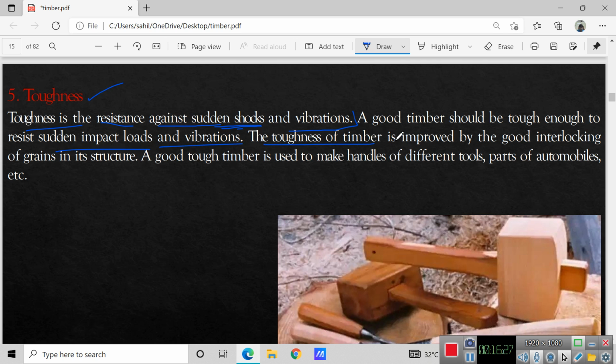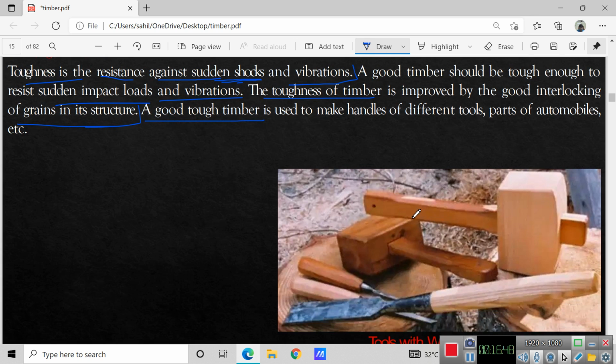The toughness of timber is improved by the good interlocking of grains in the structure, so the particles inside the wood must be bonded together very nicely. A good tough timber is used to make handles of different tools, parts of automobiles, etc.